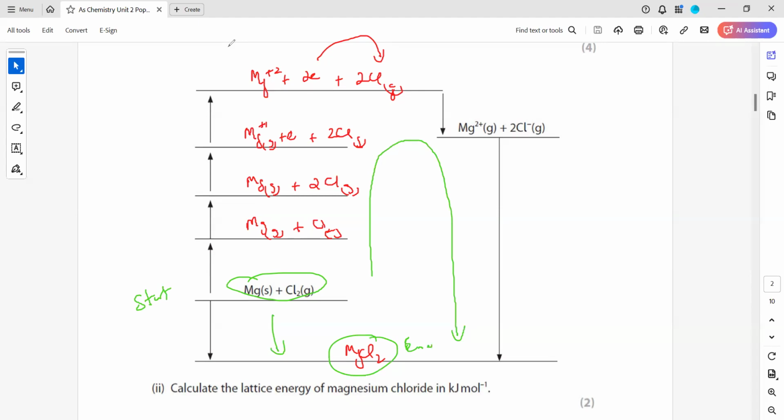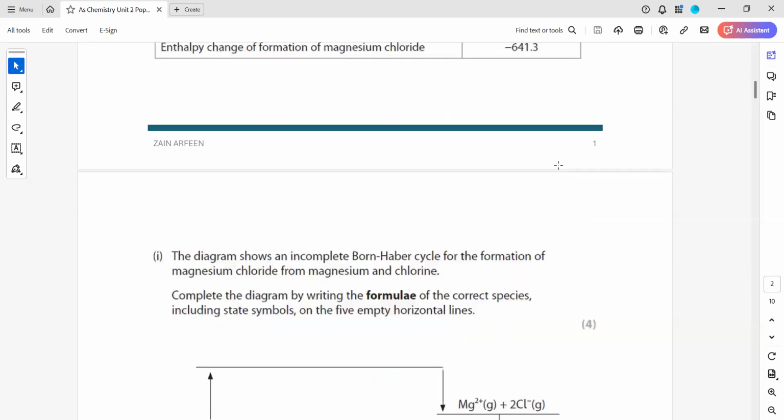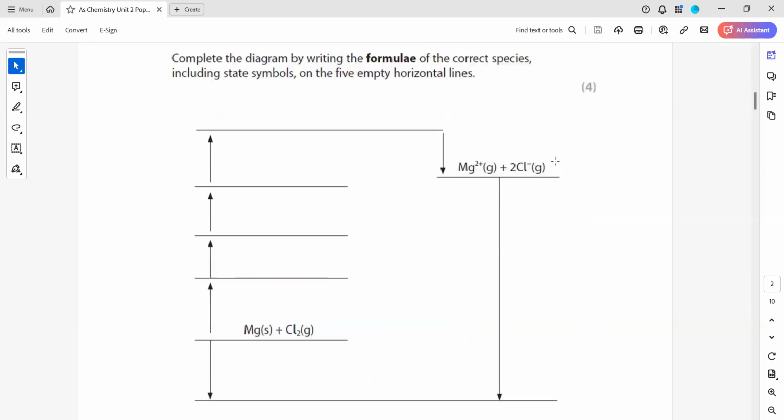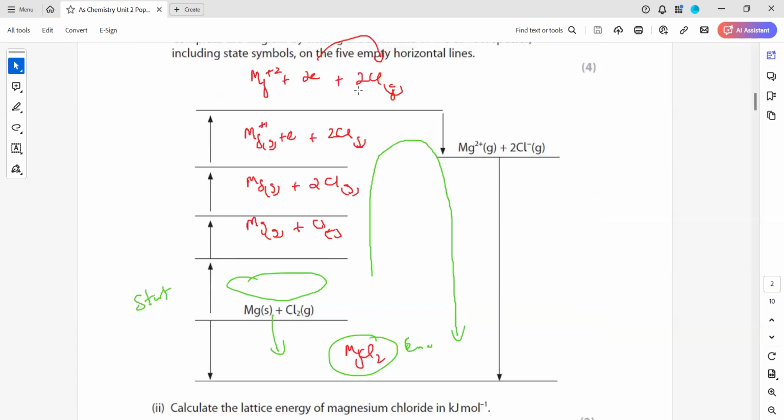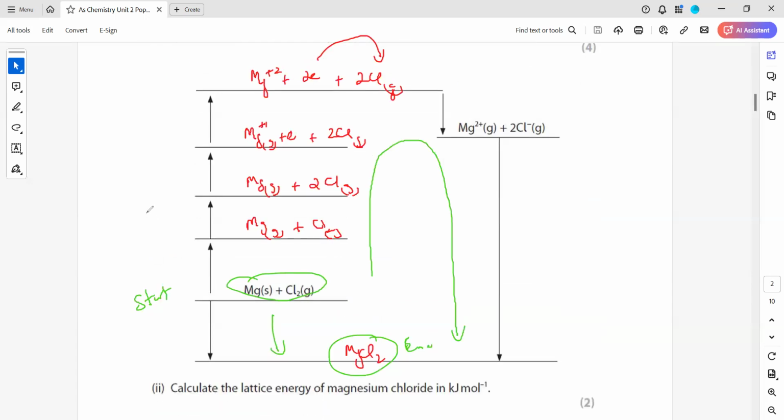So first one, atomization of magnesium is 147.7, so we write 147.7 here. Then this is the atomization of chlorine, but how many chlorine atoms are produced?